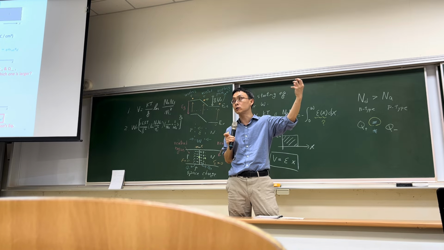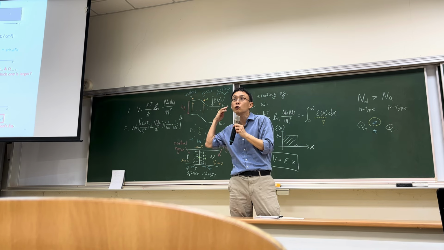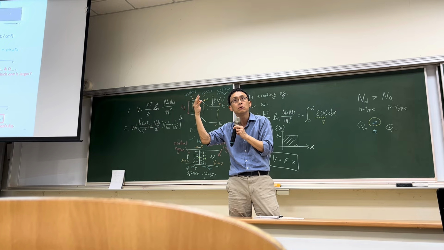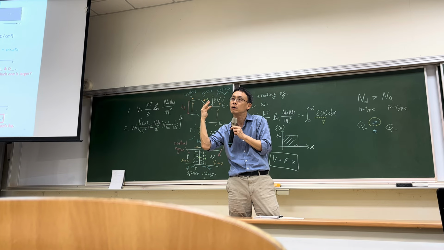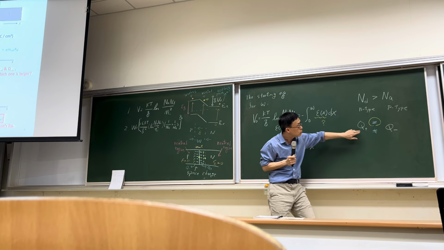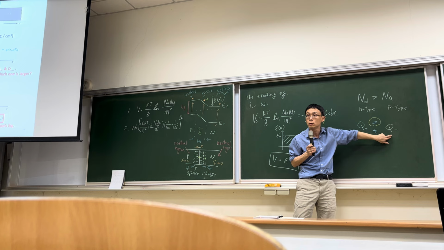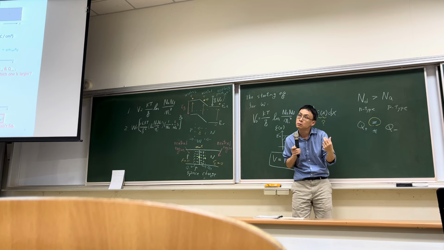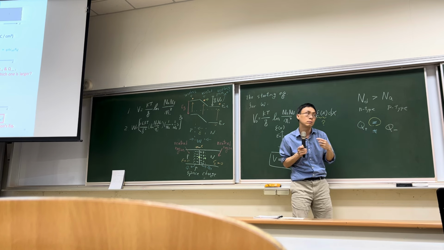If you lose 100 electrons to recombination, simultaneously you lose another 100 holes due to the same recombination. So as a result, they should be the same, right?